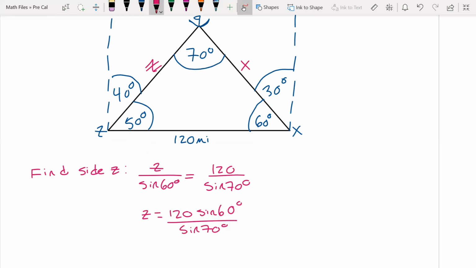And what does that give us? You should get 110.59 miles.